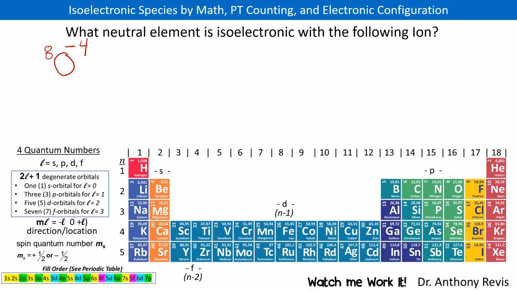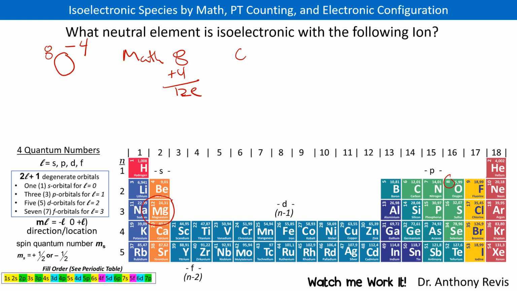We see it right here. And so by math, we have 8 plus 4 is 12 electrons, because this is reduction. So I look throughout the periodic table for what has 12 electrons, and it's right here at magnesium.